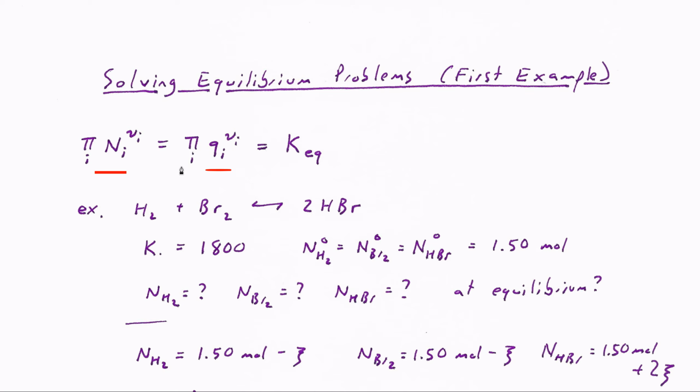In particular, this term on the right side, the product of the equilibrium partition functions, we call the equilibrium constant, which we write as KEQ, or sometimes just K.